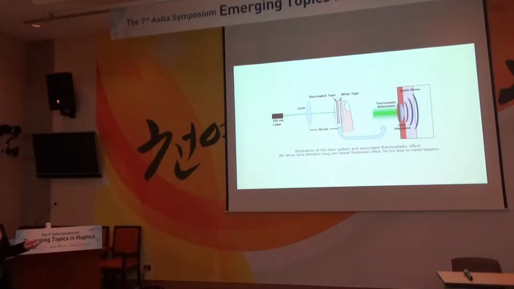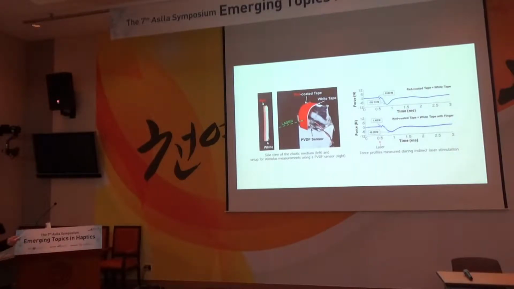This is our medium, and the rightmost figure shows our test medium. We also built up a measurement setup with PVDF sensors, and the laser is normally irradiated onto the medium, and we check the cross; the plus and minus signs mean push and pull back of the medium.